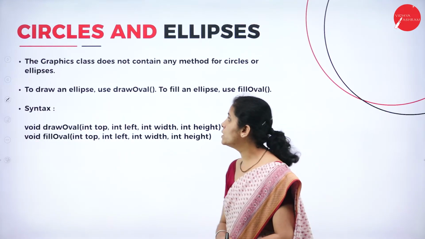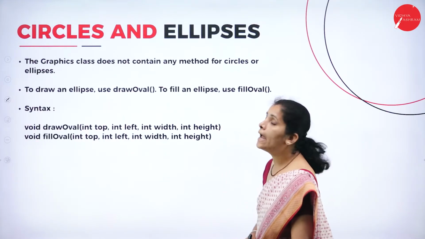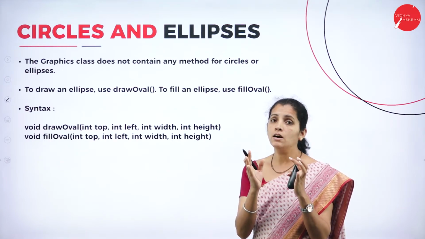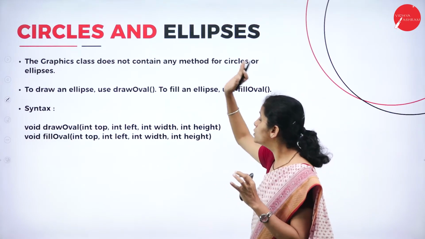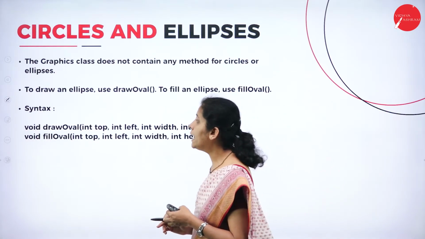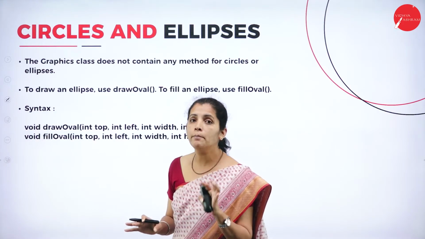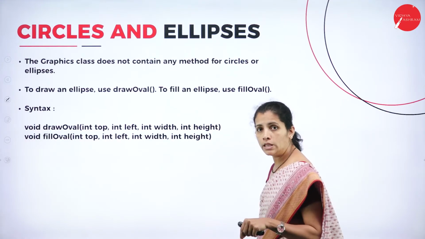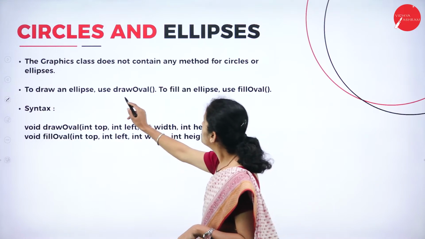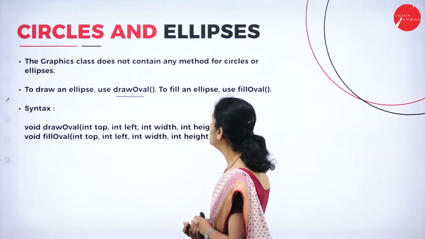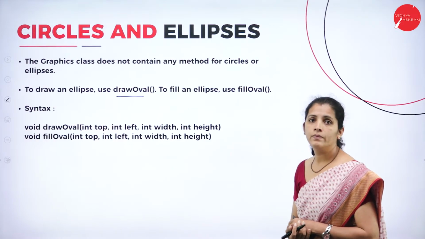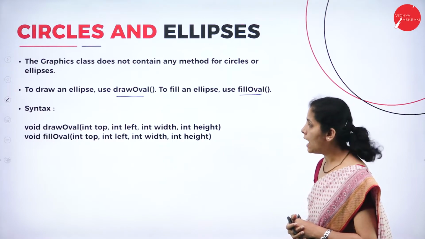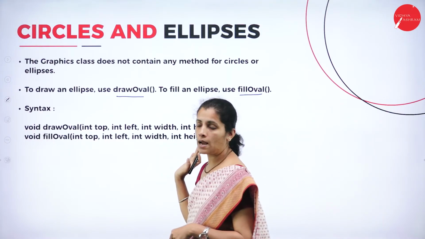Followed by that, I'm going to have circles and ellipses. Java does not have any method to draw a circle or an ellipse as such. To draw the ellipse, I'm going to use drawOval, and to fill the ellipse, I'm going to use fillOval. And this is the syntax I'm going to have.